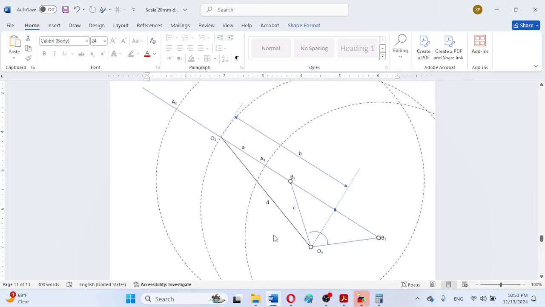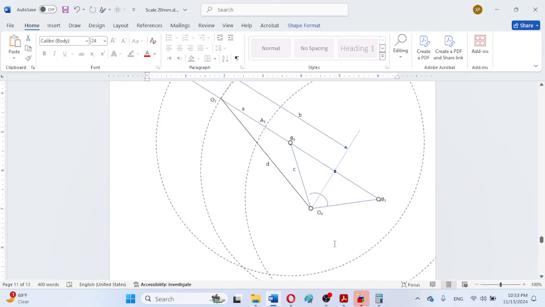So we only require these two extremes of the rocker. Again, we can click on this arc as well, so that has also been selected.